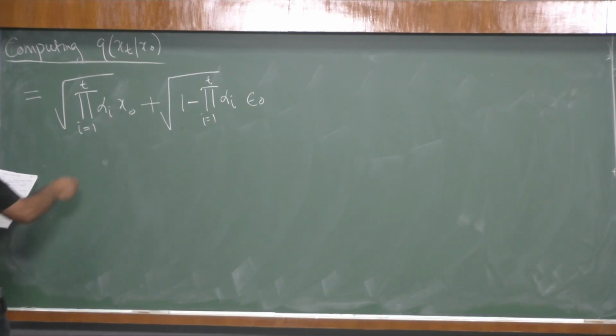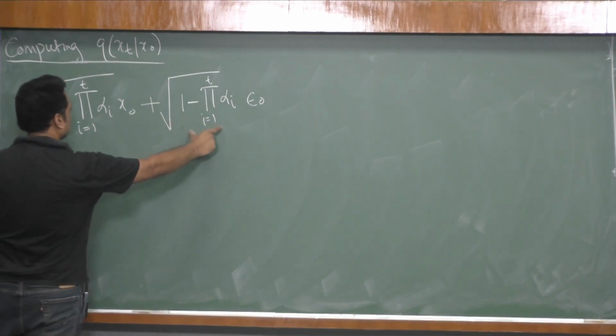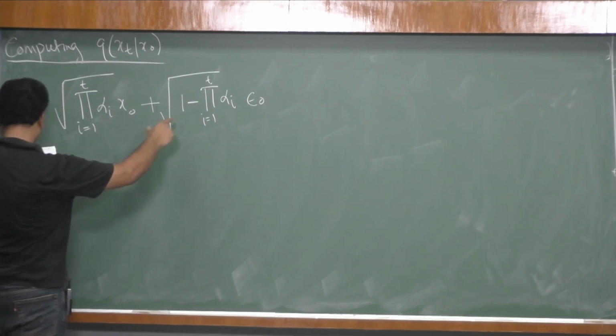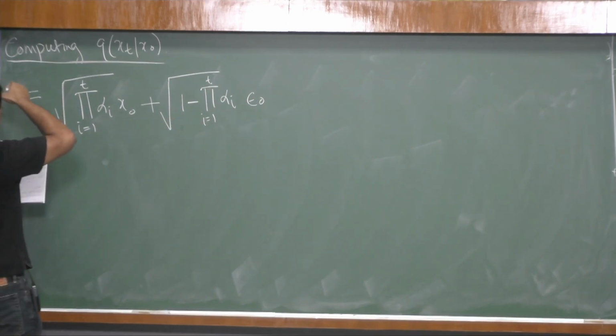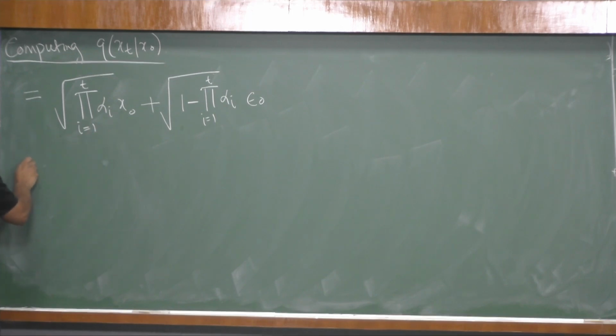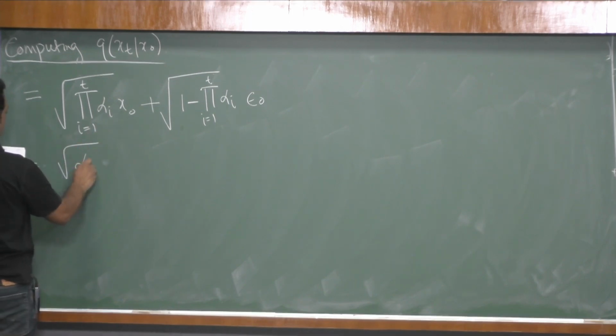So this will be xt, plus this guy, which we denote as alpha bar. I have not denoted this, anyway. This product I will simplify further as alpha bar t.